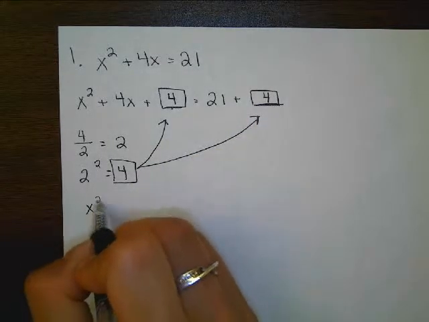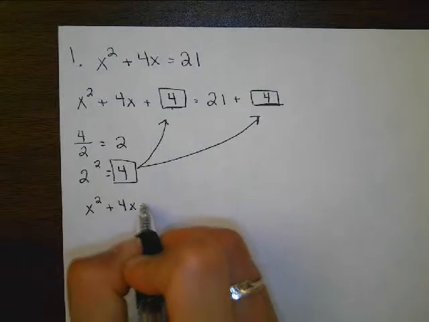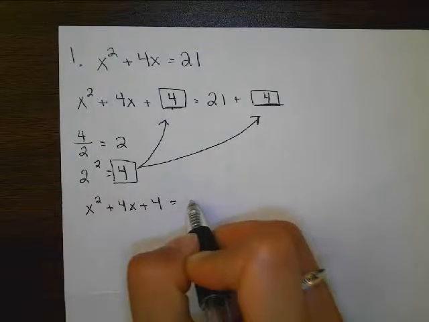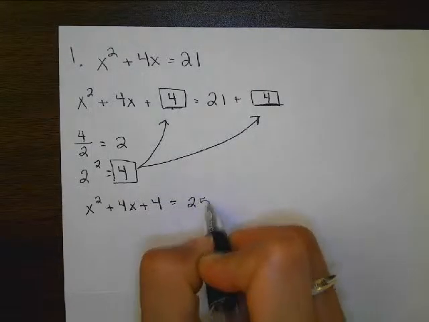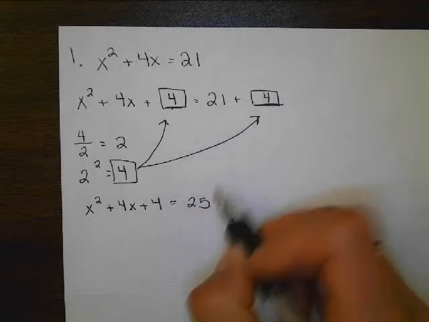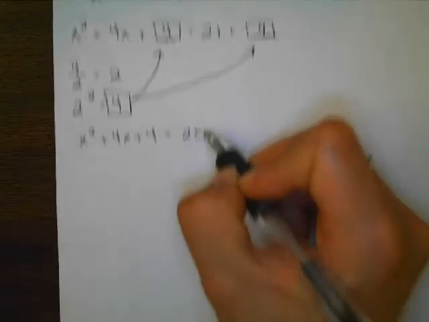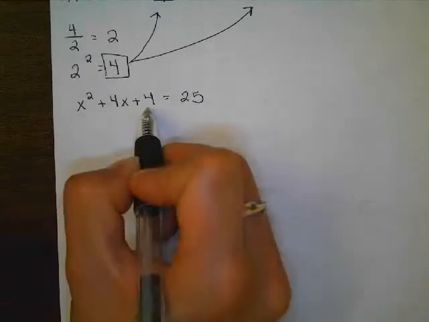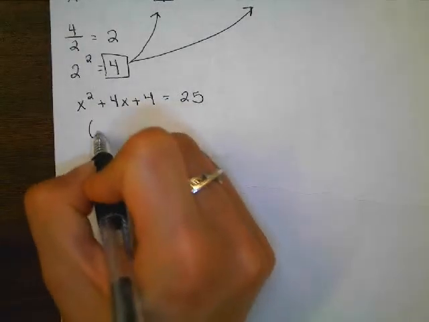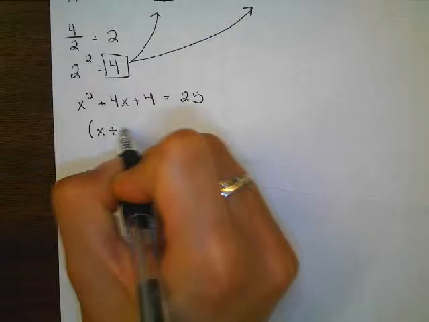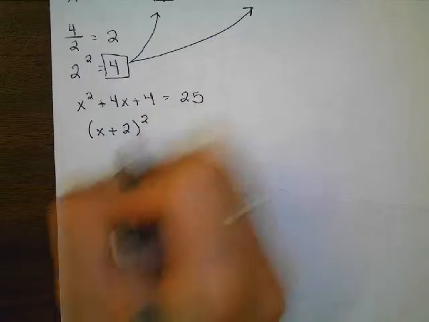So now I'm left with x squared plus 4x plus 4 equals 25, because 21 plus 4 is 25. And now we can rewrite this as a binomial. It's going to be x plus 2 squared.